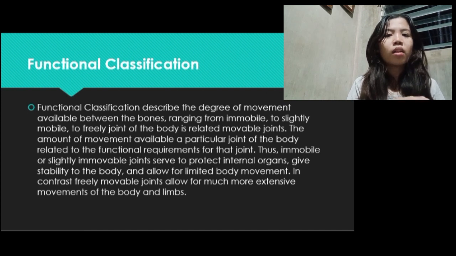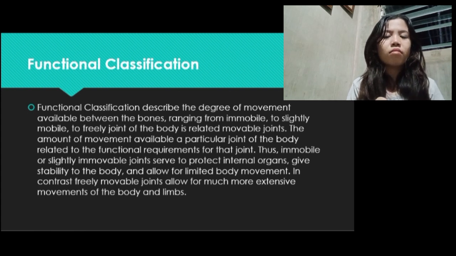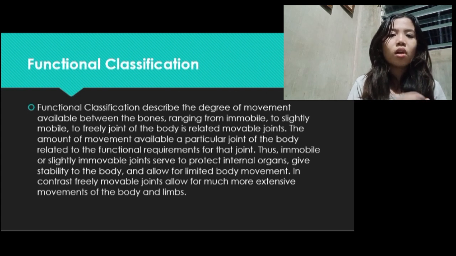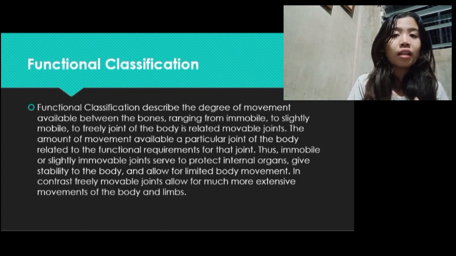Thus, immobile or slightly mobile joints serve to protect internal organs, give stability to the body, and allow for limited body movement. In contrast, freely movable joints allow for much more extensive movements of the body and the limbs.